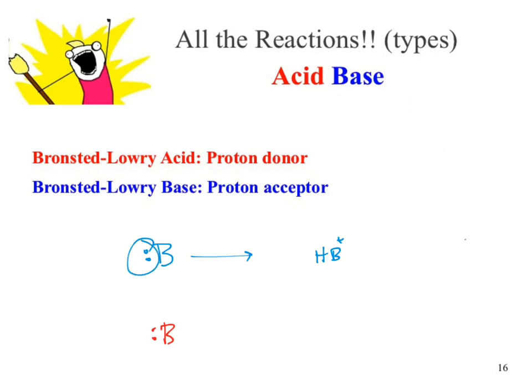So when we're ranking bases, we typically do not need to look at the conjugate acid because our base starts with the electrons. That's what we're trying to predict the stability of, those electrons. So bases can be more straightforward to solve for because you look immediately at that structure.